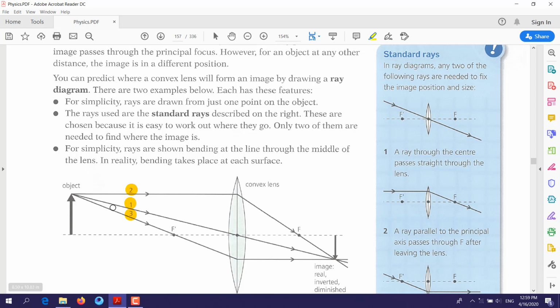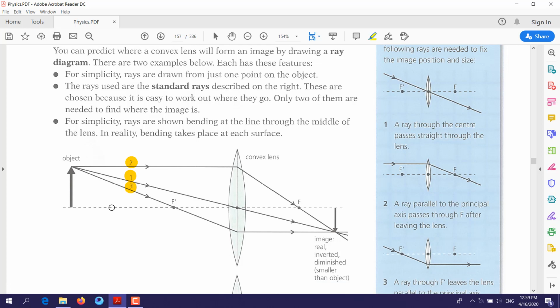We will see why. The first step, number one, you will draw this line. You will draw a straight line from the top of the object, and it should pass through the center of the lens.